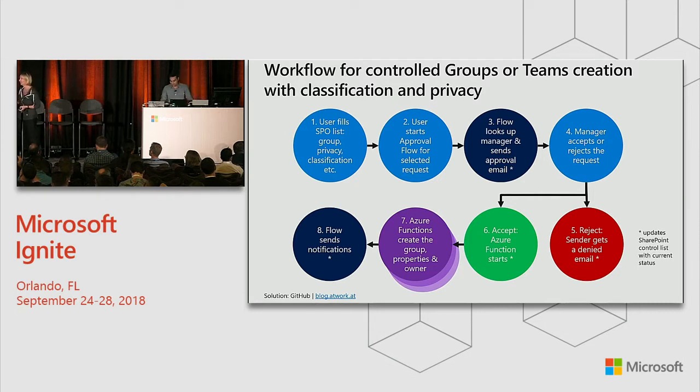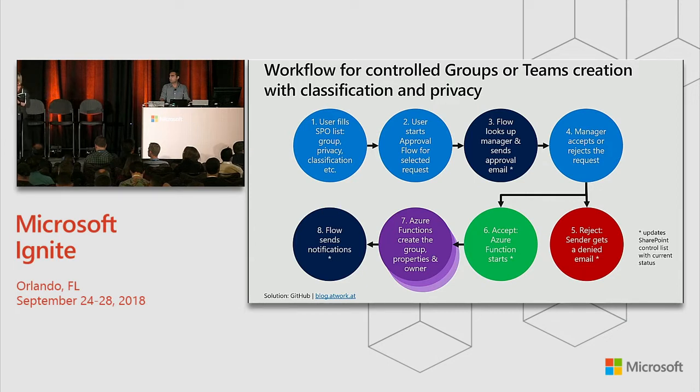The group creation workflow we did last year simply started with a SharePoint list, a new entry there, opened up an approval workflow, the manager approves or denies, and then the group is created. We did it the Microsoft way. This year, we enhanced that workflow and extended it.